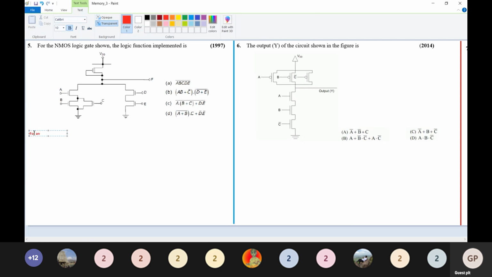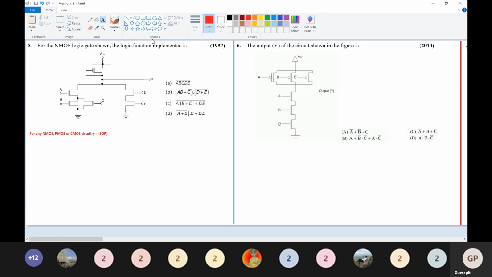For any NMOS or PMOS or CMOS circuitry, the expression will be given as the SOP expression in complemented form.